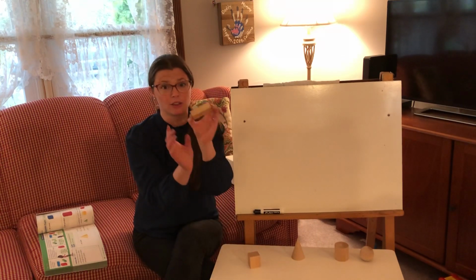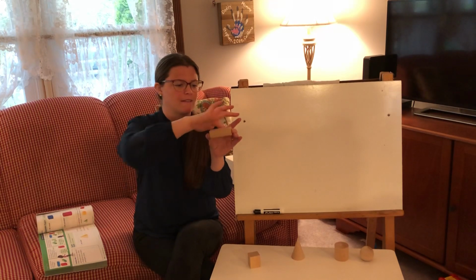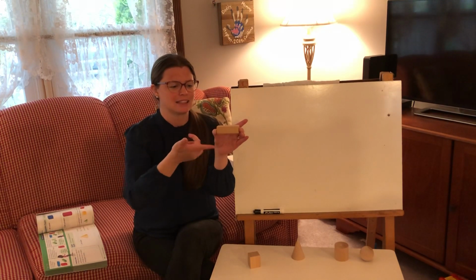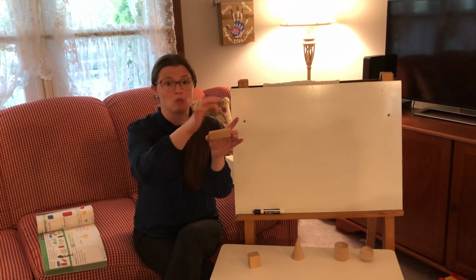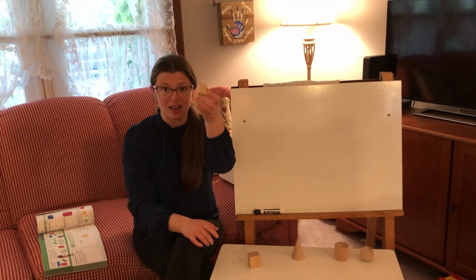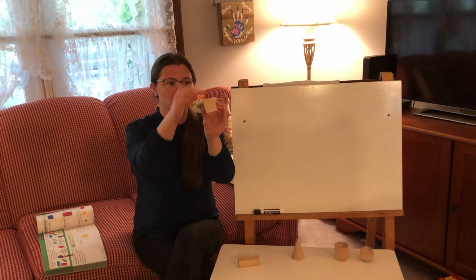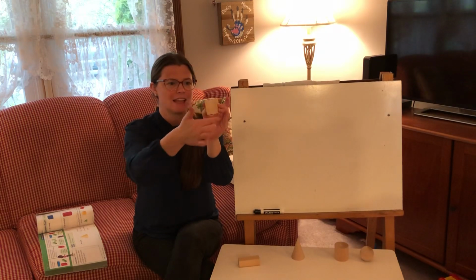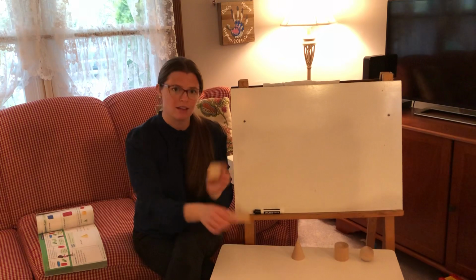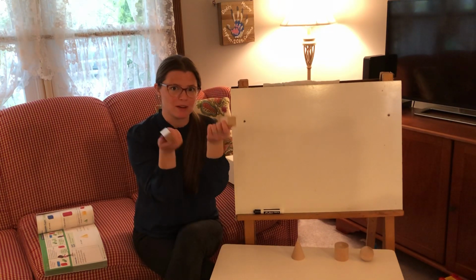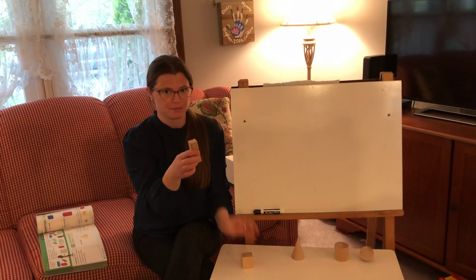So now let's take a look at those edges, okay? 1, 2, 3, 4, 5, 6, 7, 8, 9, 10, 11, 12. So this one has 12. Let's take a look. 1, 2, 3, 4, 5, 6, 7, 8, 9, 10, 11, 12. So in order for something to be a rectangular prism, it has to have 12 edges.